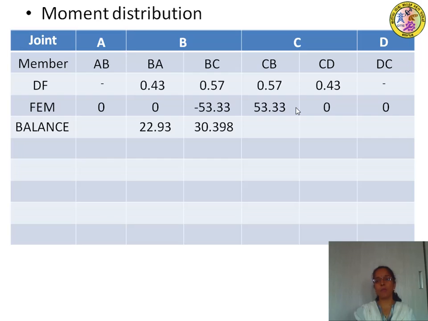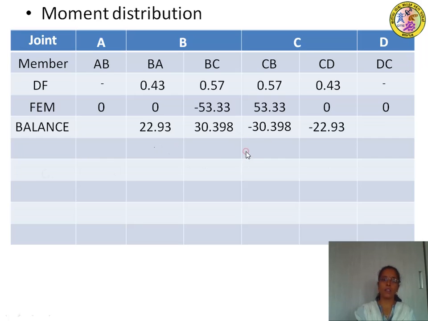Therefore, the balancing moment will be minus 53.33. So minus 53.33 into 0.57 will be equal to minus 30.398, and minus 53.33 into 0.43 will be equal to minus 22.93. Okay, so as soon as you apply the balancing moments at BA as well as CD at joint B and joint C, half of the moments will be carried over to the far ends.